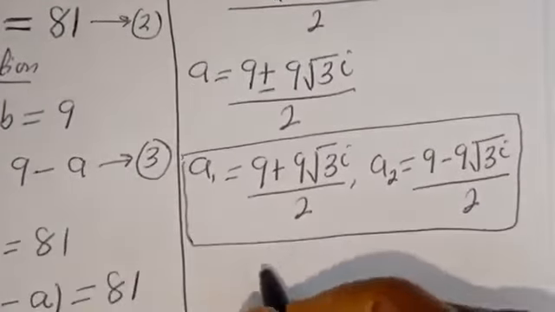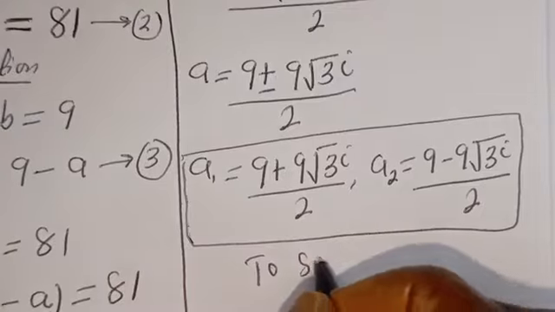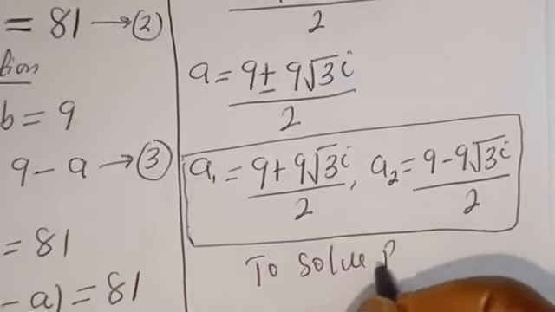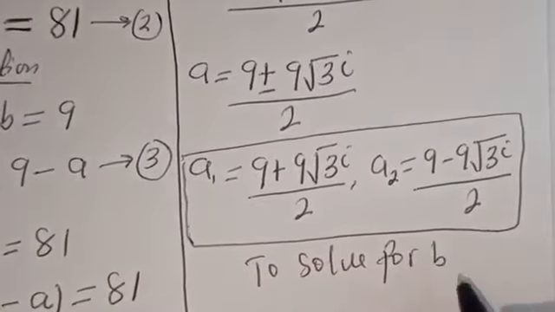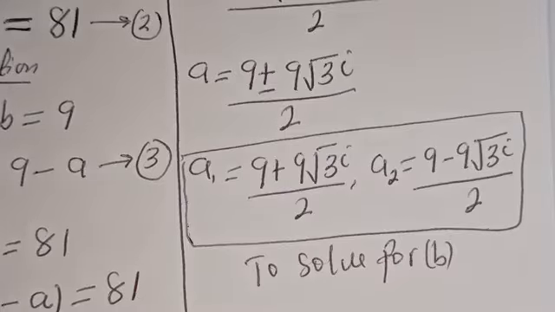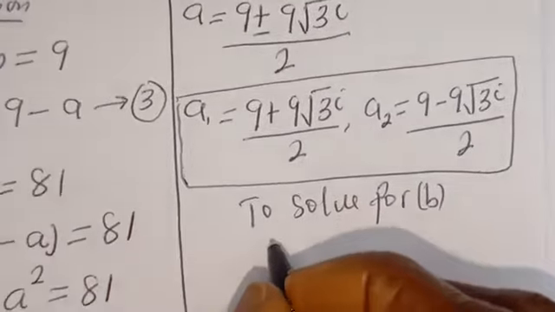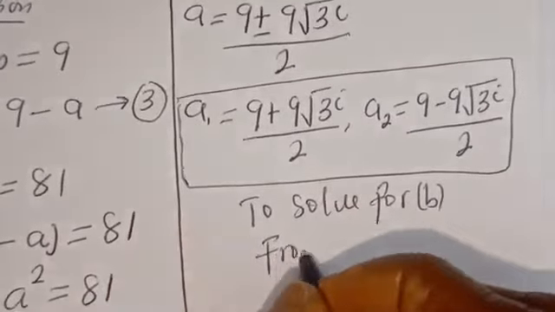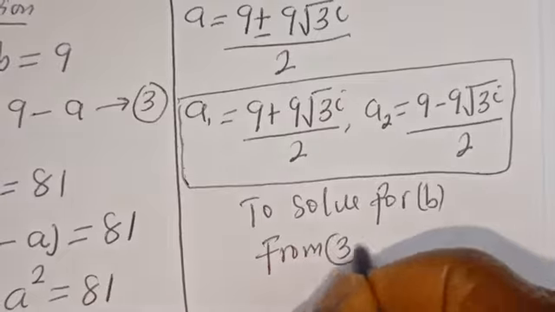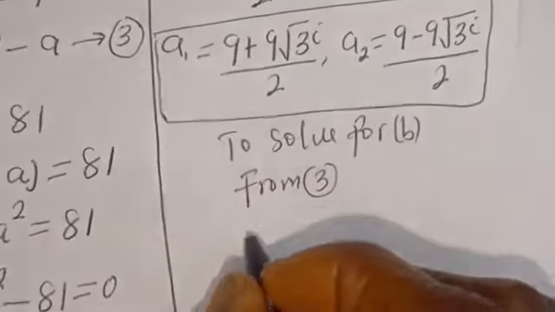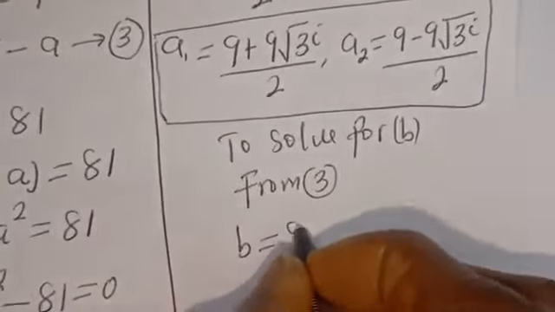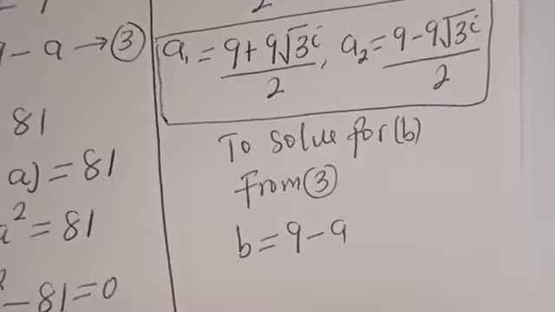Now to solve for b, from equation 3, that is, b is equal to 9 minus a.